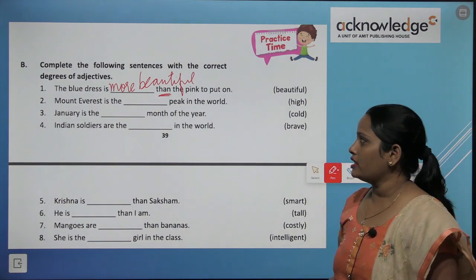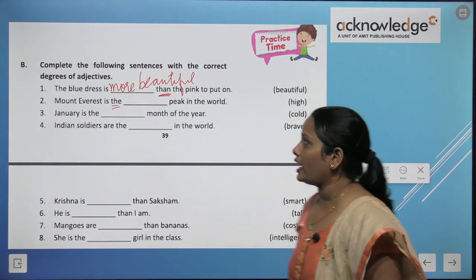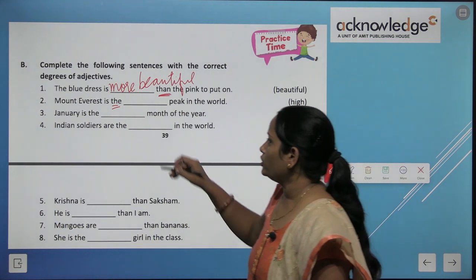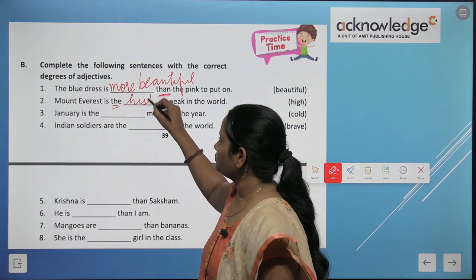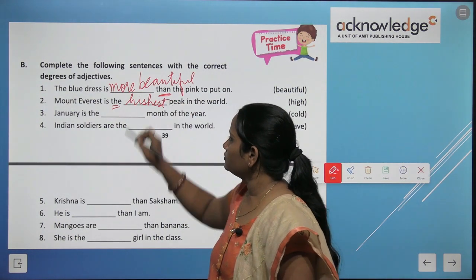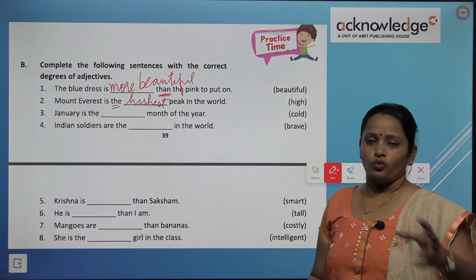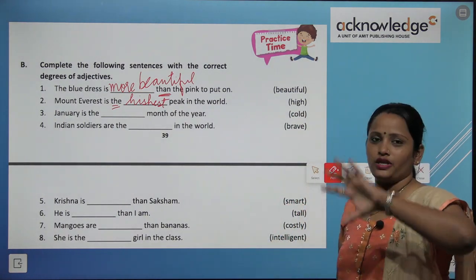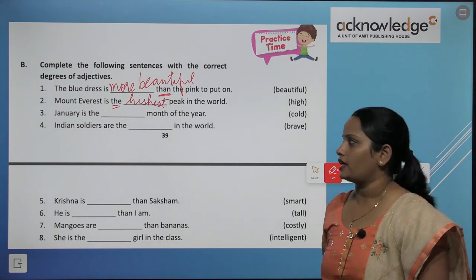Next, Mount Everest is the, अब यहाँ the use हुआ है, so we are going to write highest, क्योंकि पूरे जितने भी माउंटेन पीक्स है सब में से माउंट एवरेस्ट को कंपेयर करेंगे.